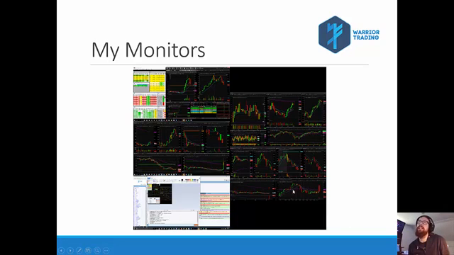You could probably drop one of these, and have 2 charts in this area and not use the level 2 here, because this level 2 is not going to be that helpful for you. It's really just for folks in the chat room so I can make examples and explain what I'm seeing. So you could probably lose a monitor, and you might not need a whole monitor for running the chat room, stuff like that. But this is the core of my trading, plus the 1 screen for my broker.